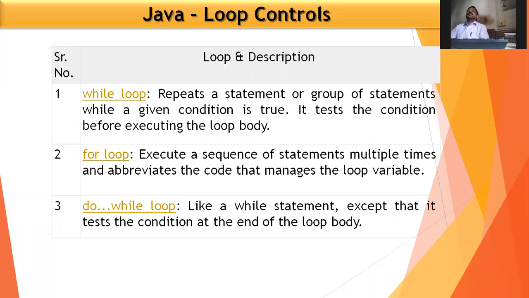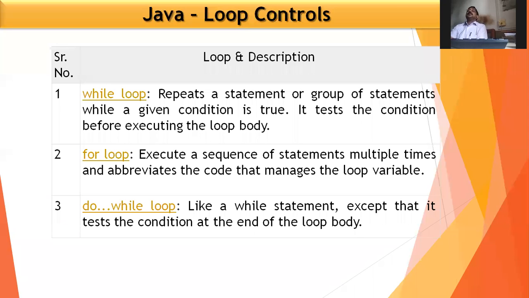The first step is initialization, second is a condition, third is the body of the loop, and fourth is the counter, which can be executed up to the repeated statements.